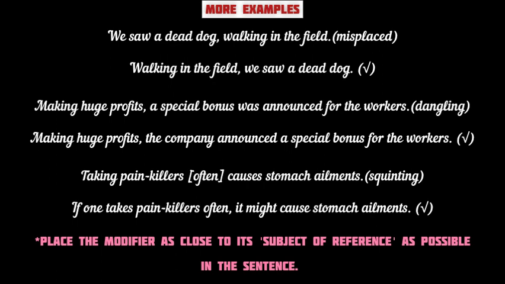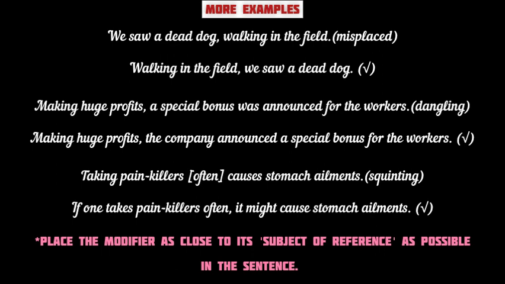As you know, when the noun or pronoun a modifier refers to is not clearly stated in the sentence, such a modifier is known as a dangling modifier. And that is the case here. However, we can correct this sentence by providing the missing subject of reference for this modifier immediately after it. Making huge profits, the company announced a special bonus for the workers.